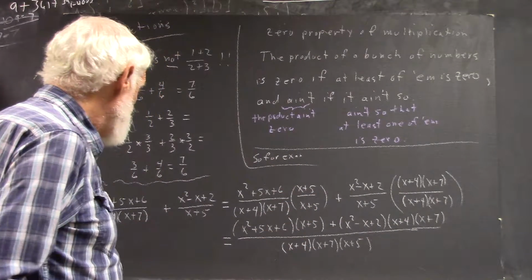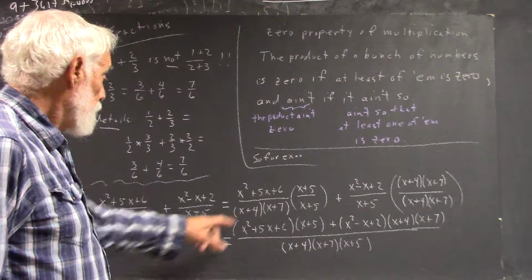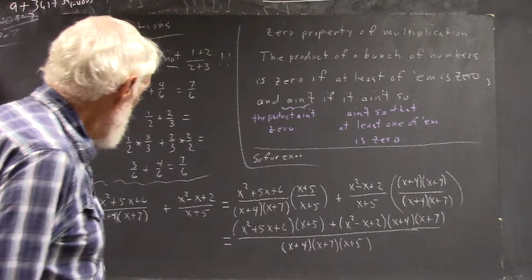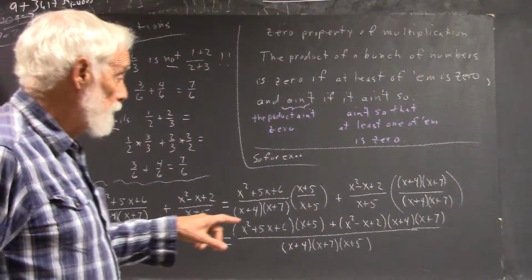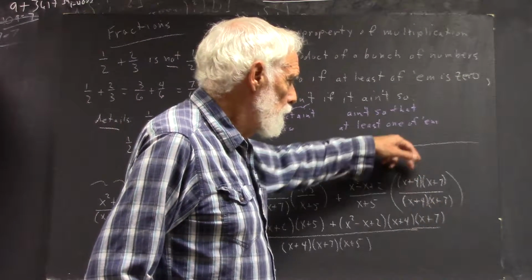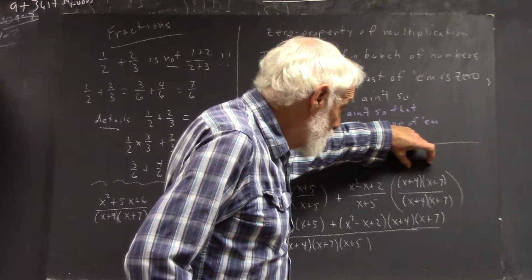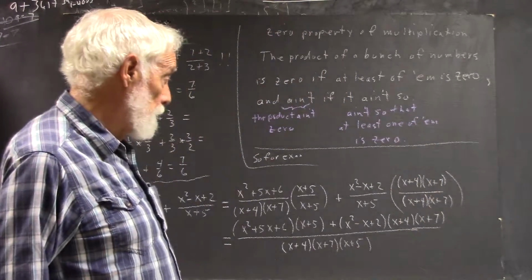Okay? And then what do we do for this one? Well, we want the denominator to be this, so we better multiply the denominator by x plus 4 times x plus 7, which we do here, but we change the value if we don't multiply by x plus 4 times x plus 7 over x plus 4 times x plus 7.